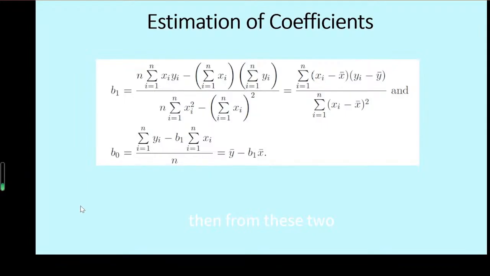Then from these two, we can get the parameters b1 and b0. Actually, b1 is the cross product between x and y divided by the second moment of x with the mean of x. And b0 is a very simple form.